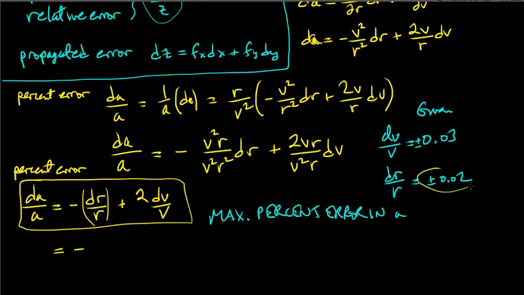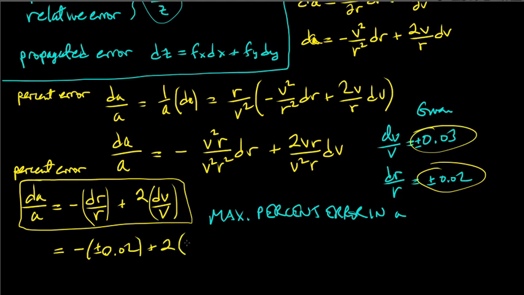We know what that is. That's just plus or minus 0.02, plus 2 times dv over v, that's plus or minus 0.03. And that's a plus in the middle here.